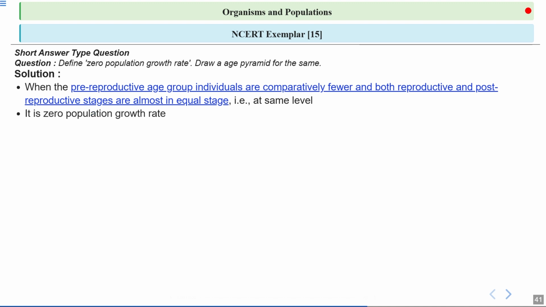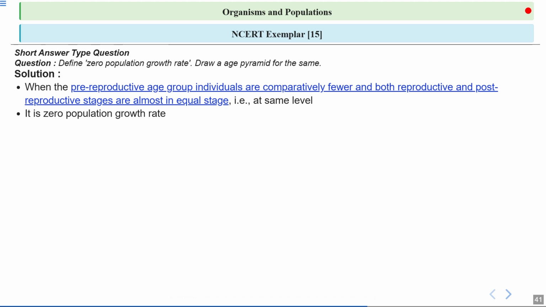Okay, so this specific arrangement leads to what we call zero population growth rate. That means the number of births is just enough to replace the number of deaths. So the total population size always stays the same over time. Okay, number of births is equal to number of deaths.